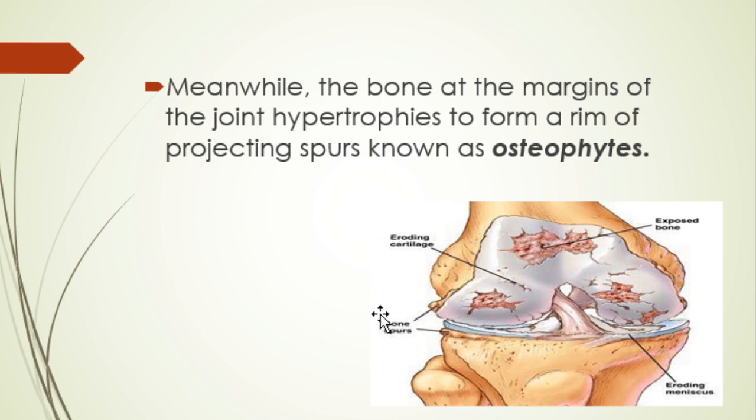It is our body's tendency to cope with the loss. So here there is the loss of cartilage. To cope with it, the bone margin hypertrophies to form the rim, and its projecting spurs are known as osteophytes. These are some osteophytes. This is the loss of the cartilage which is exposing the bone, and this is the bony rim which is being hypertrophied, and there is the formation of bone spurs.